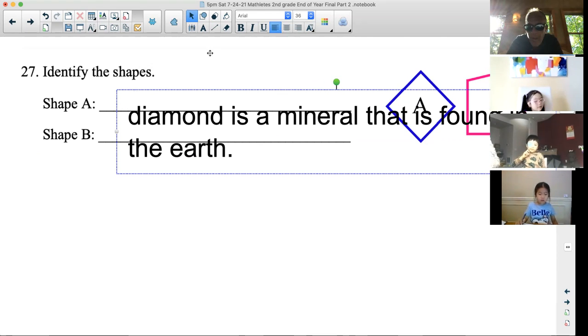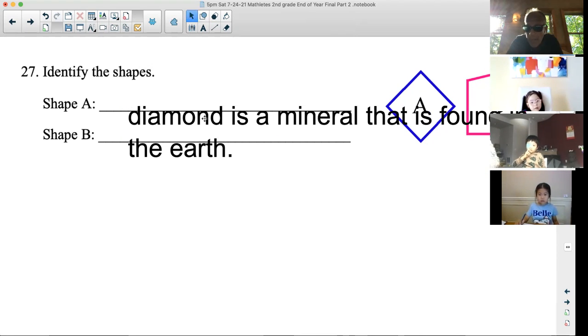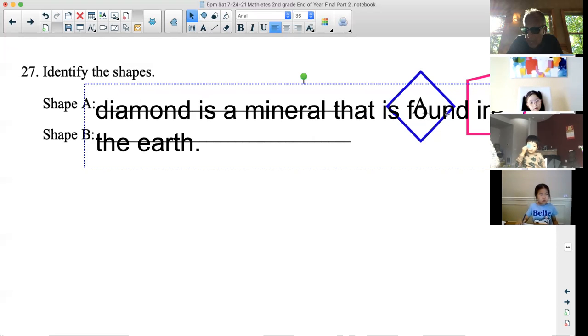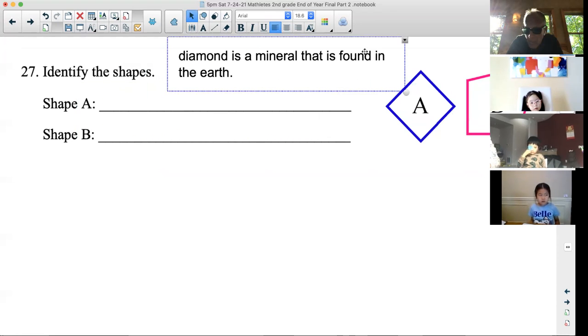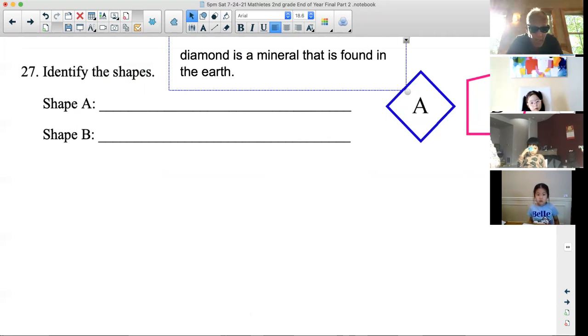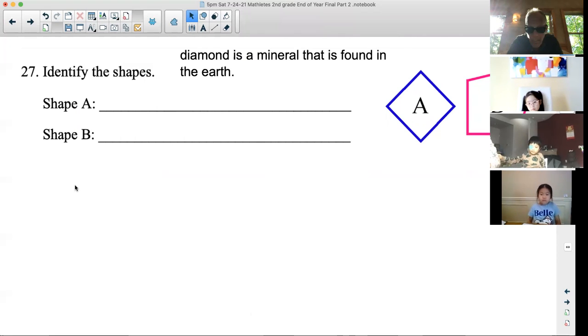They're very, very rare, but that is not what a diamond looks like. But great start, great start. Catherine, any idea what A is? What do you think, Catherine? Jason, do you want to take a shot at it?